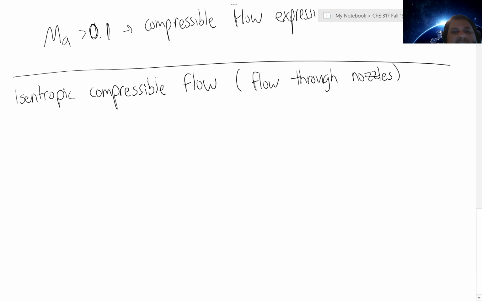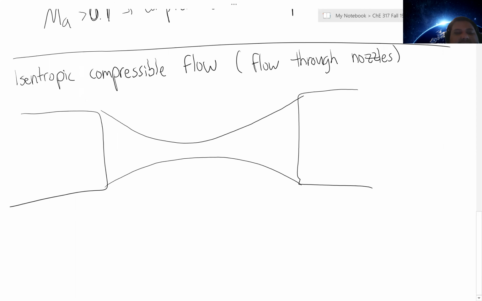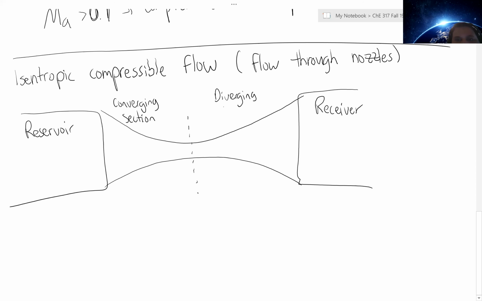Where we considered a system that had this type of setup, where we had a reservoir at one pressure, a receiver at another. Then we had a converging section, a diverging section, and the throat.